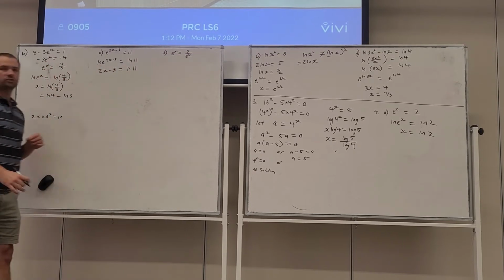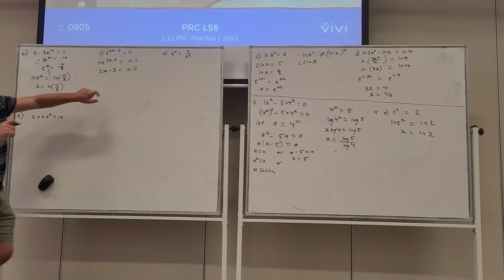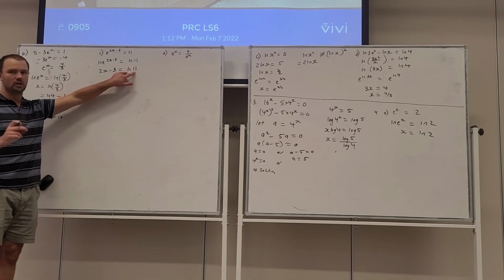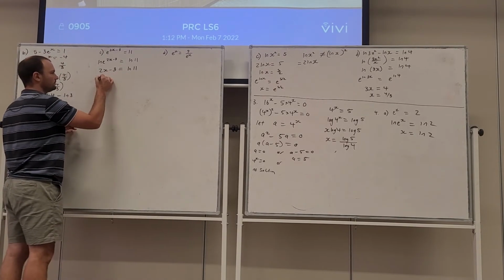And now this is just a linear equation for us to solve for x. Remember, ln of 11 is just a number. So first we'll move the 3 over the other side.